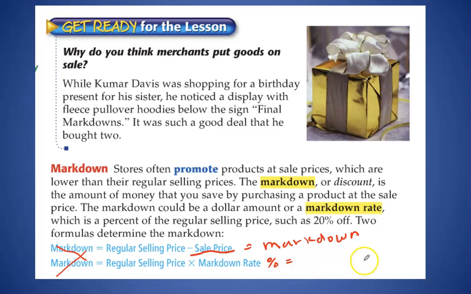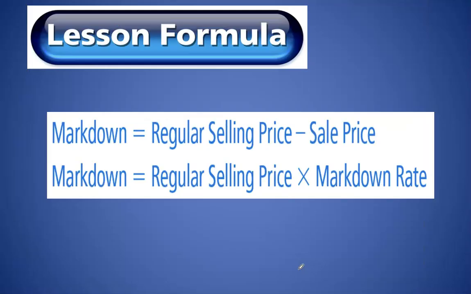And again, that's going to get you the markdown. Please make sure you have filled these in. Remember, markdown means how much you are saving. And here they are again.